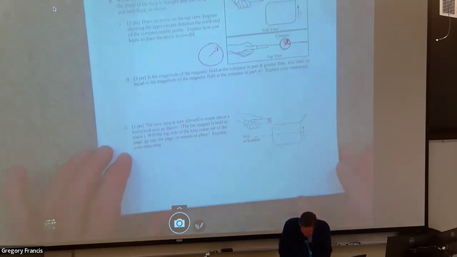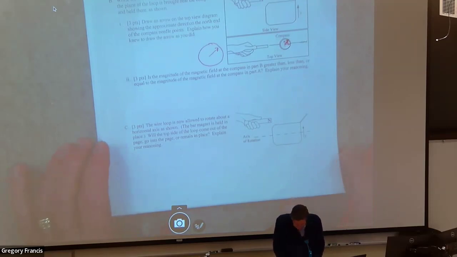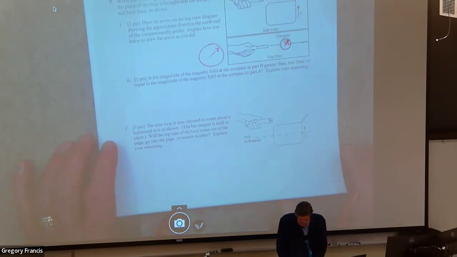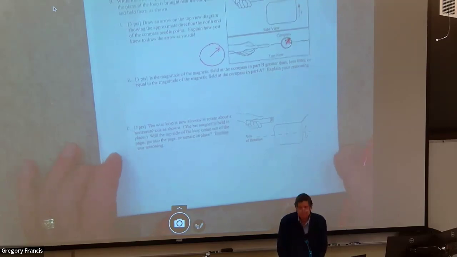Is the magnitude of the magnetic field at the compass in part B greater than, less than, or equal to the magnitude of the magnetic field at the compass in part A?